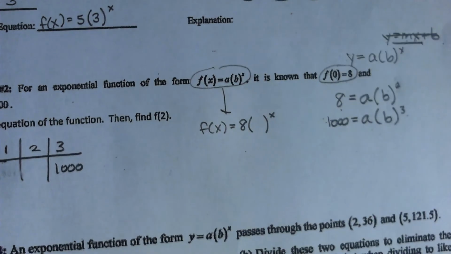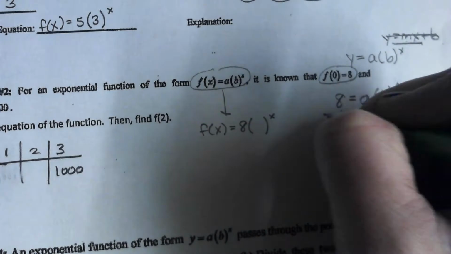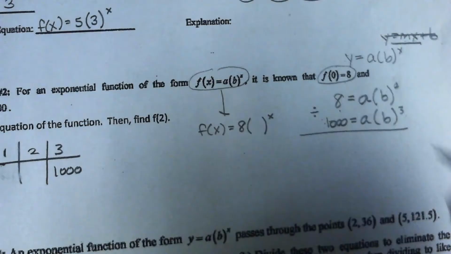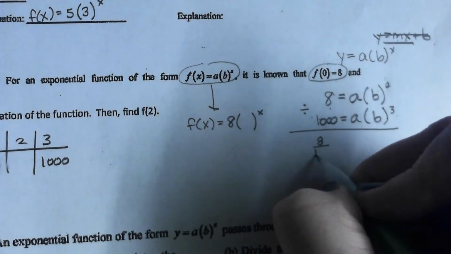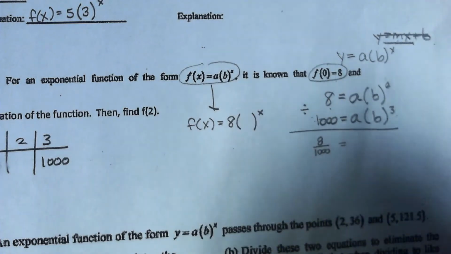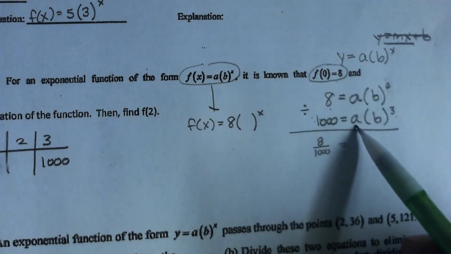So this is like a system of equations almost, but you're going to solve it totally differently because you can't do substitution or elimination. I'm going to take those two equations and I'm going to divide them by each other. So 8 divided by 1,000, I'm just going to keep 8 1,000ths. What's a divided by a?